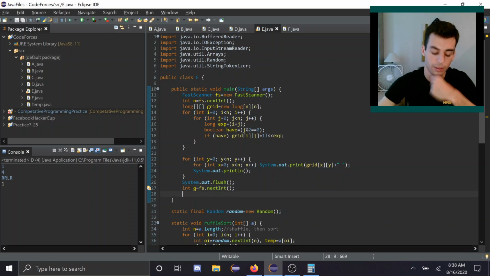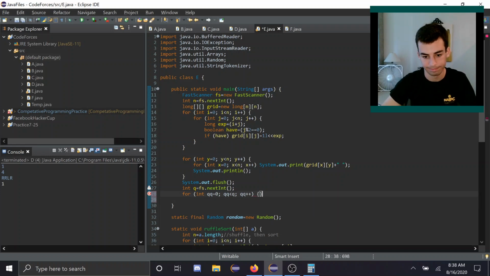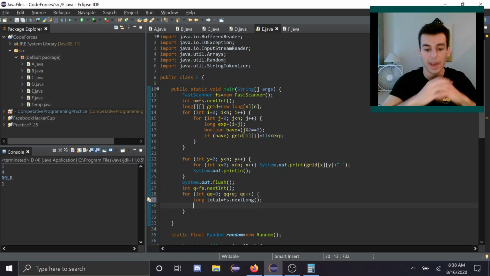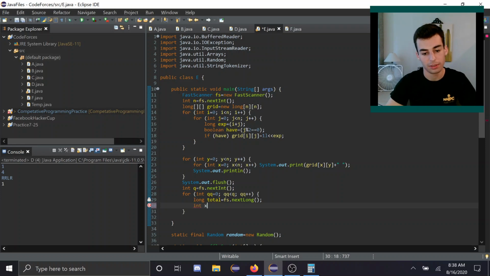But then 1, 2, 0. So long total is that. And x equals 0.